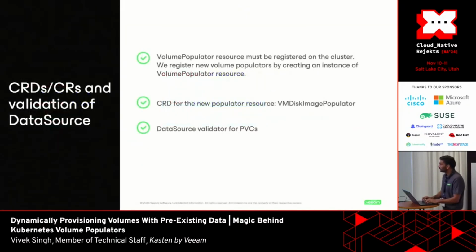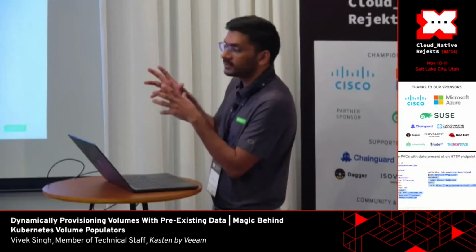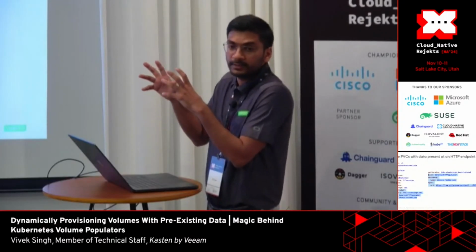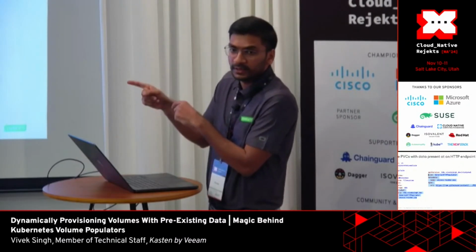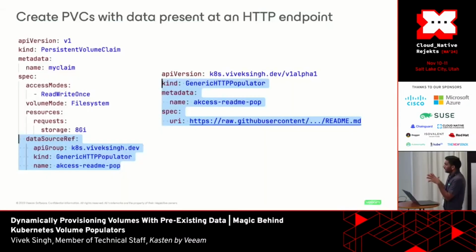So now let's quickly talk about the custom resources and custom resource definitions that are involved in this particular scenario that we just talked about. Volume populators are just Kubernetes resources that can be used to register a new volume populator on your Kubernetes cluster.